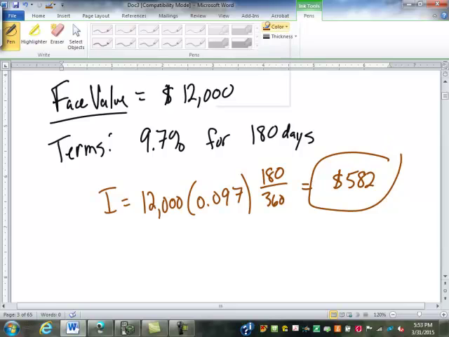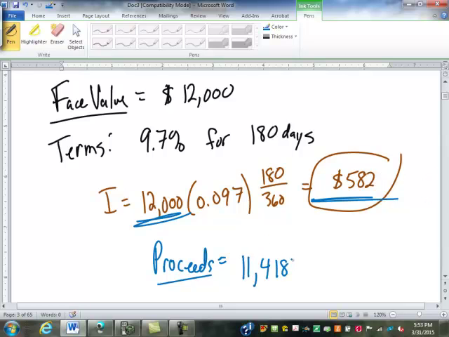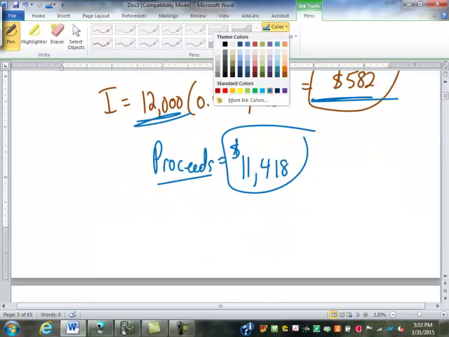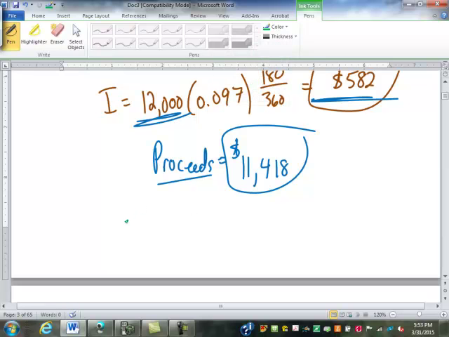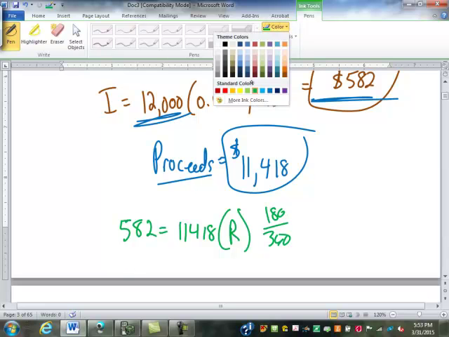So that means our proceeds, which is found by doing what? Yeah, 12,000 minus the 582, so $11,418 is our proceeds. And then, okay, so what do we do with that?